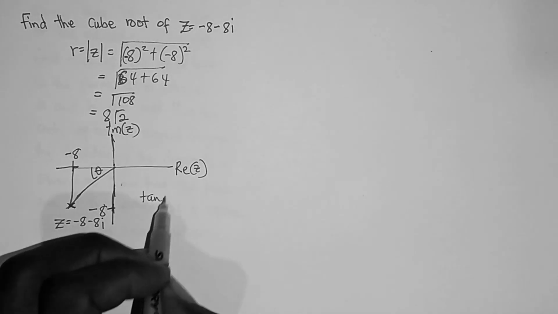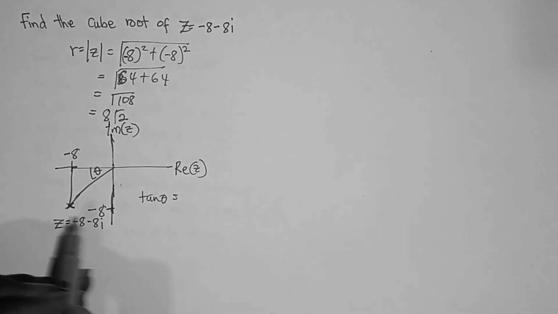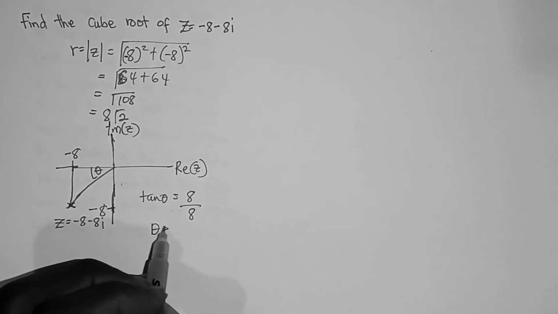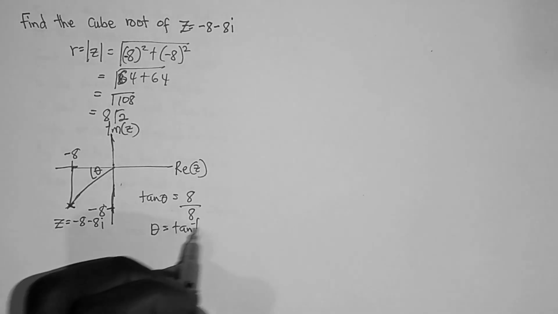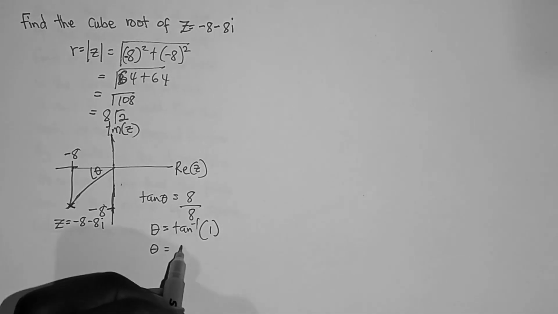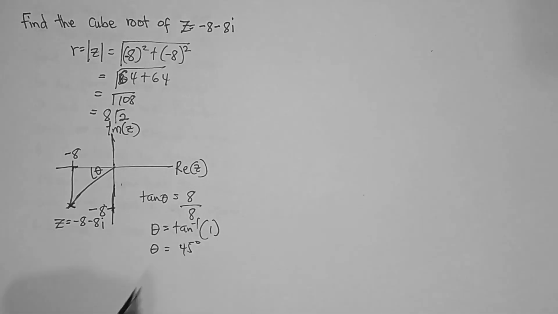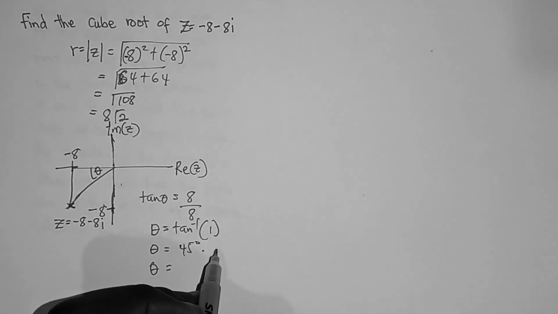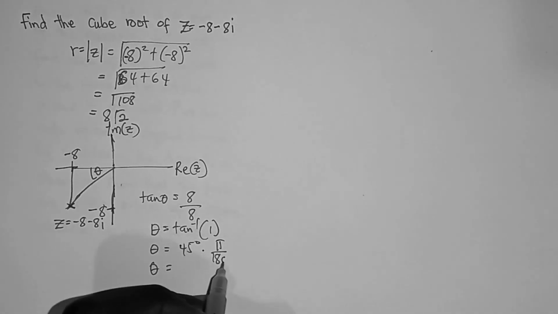So tan theta is equal to the opposite, which is 8, over adjacent 8. So theta is equal to tan inverse of 8 over 8, which is 1. Therefore, theta is equal to 45 degrees. But we know that we have to convert this into radians by multiplying by pi over 180 degrees.